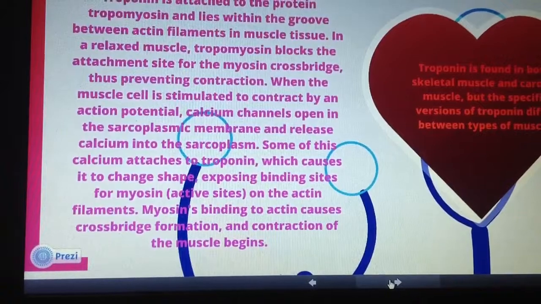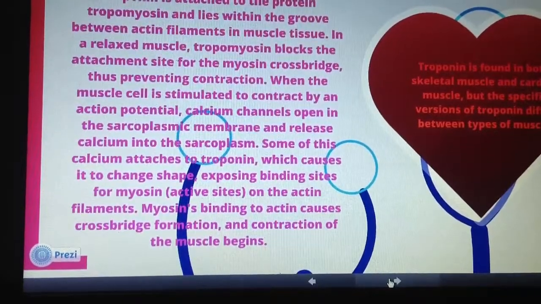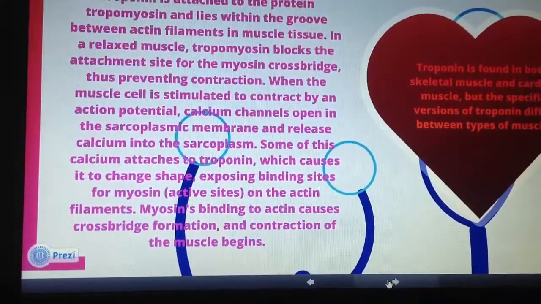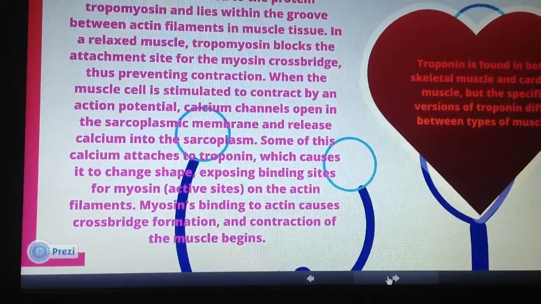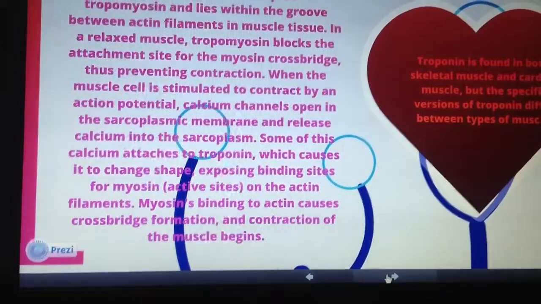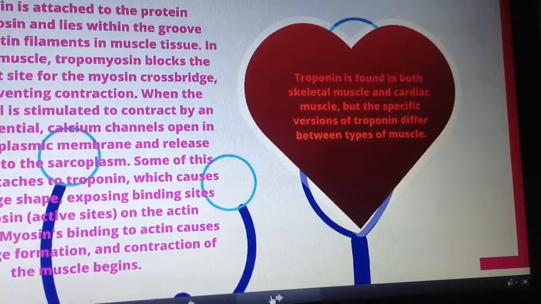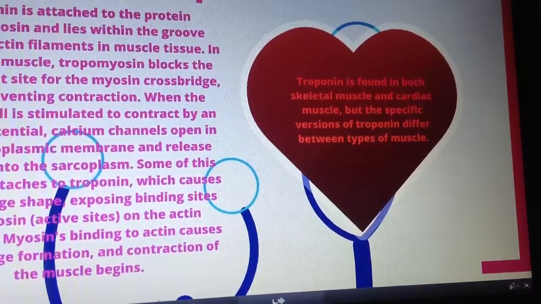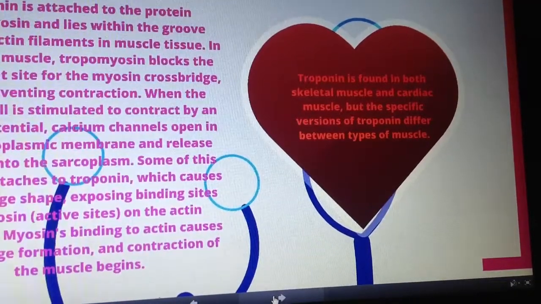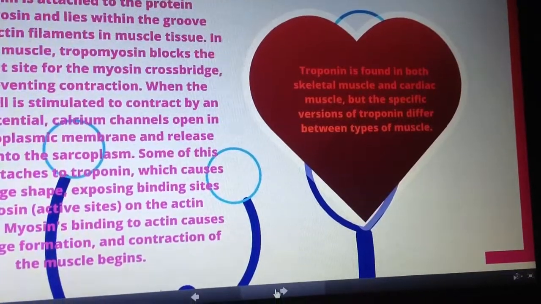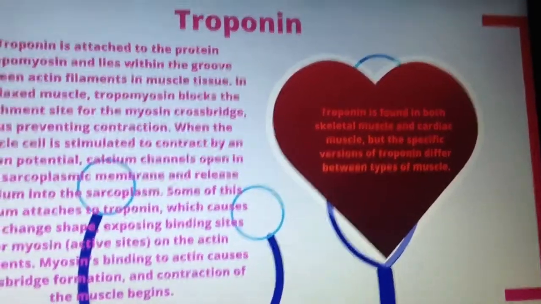Some of this calcium attaches to troponin, which causes it to change shape, exposing binding sites for myosin on the actin filaments. Troponin is found in both skeletal muscle and cardiac muscle, but the specific versions of troponin differ between types of muscle.